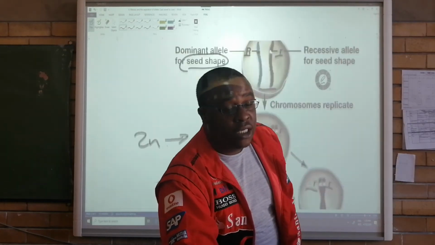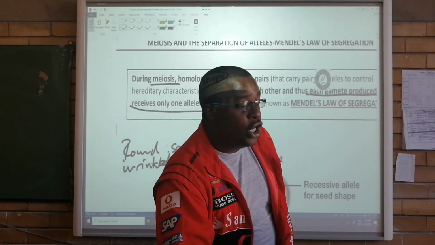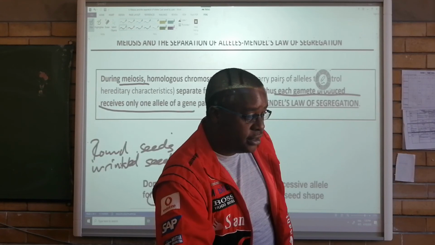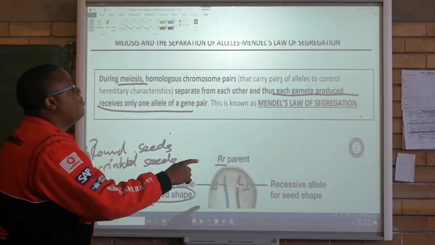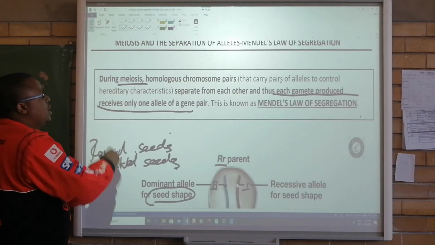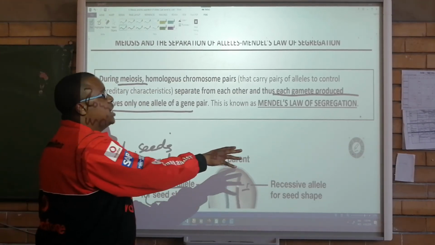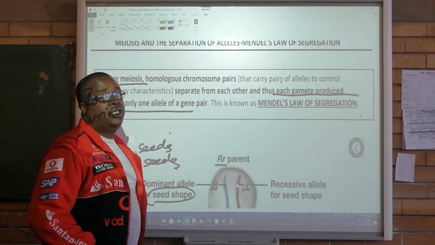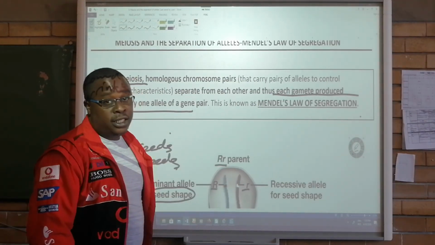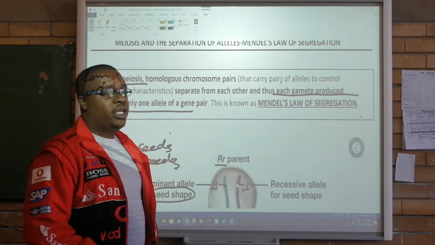So what is Mendel's law of segregation again? During meiosis, homologous chromosome pairs that carry pairs of alleles to control hereditary characteristics separate from each other, and thus each gamete produced receives only 1 allele of a gene pair. And this is Mendel's law of segregation.